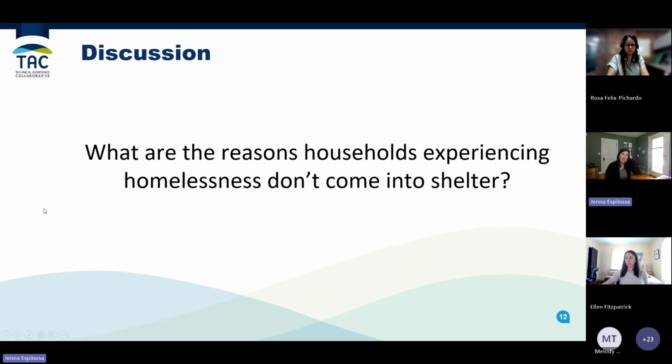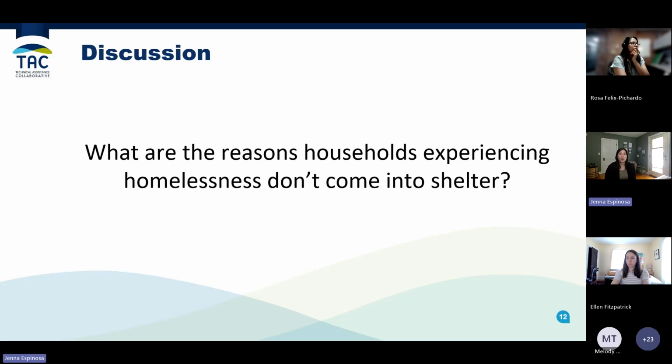So before we get into that, would love to hear from you because this looks different in every community. What are the reasons households experiencing homelessness don't come into shelter in your community? So we mentioned some examples earlier. Sometimes it can be related to pets or being in a couple, but if you have spaces for those people in the system, maybe it is more about active substance use or whatever it may be. So like we said, it looks different in every community. So really curious to hear from you all.